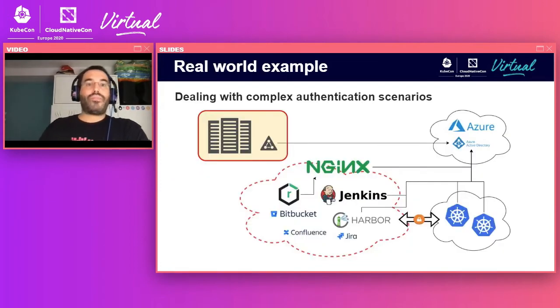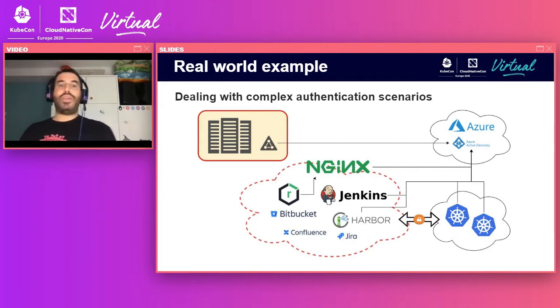Really simple. Now let's move to a real world example. Nearly all I know about OpenID Connect was learned during the migration of a set of tools from this internal data center you see in the diagram at the top left to cloud infrastructure. Previously, most of our tools were in an internal data center using LDAP authentication against the internal Active Directory.